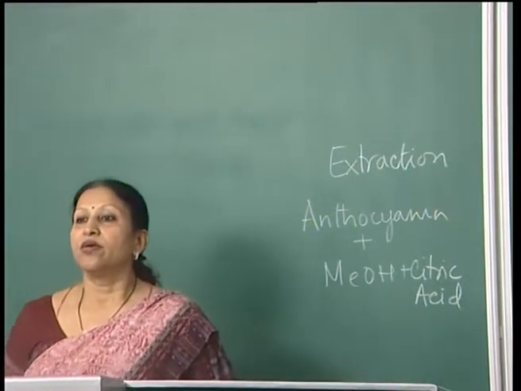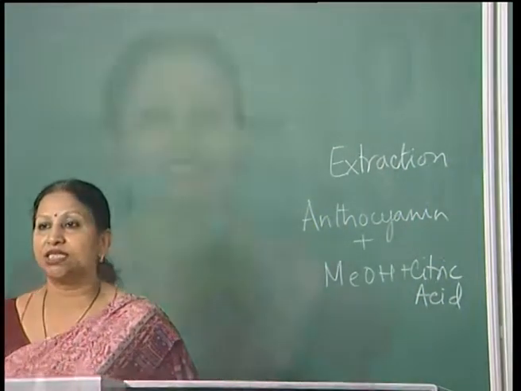which was evaluated by us for the first time, because we thought that if more and more dye has to be extracted, it is necessary to find a method for extraction, because what was happening, by using just water, the dye was not coming completely into the aqueous solution, and by using methanol, methanol cannot be used for an industrial process.